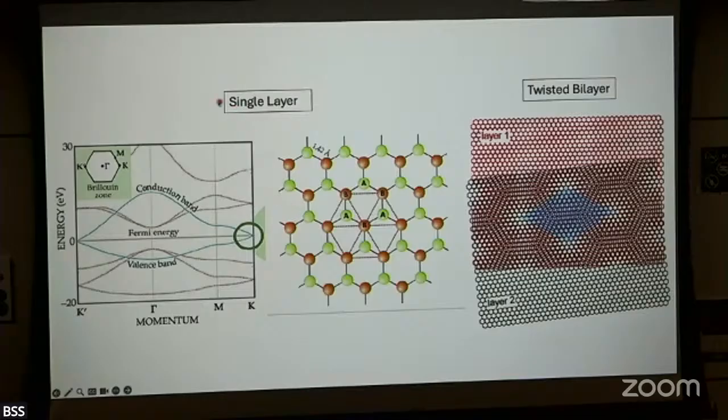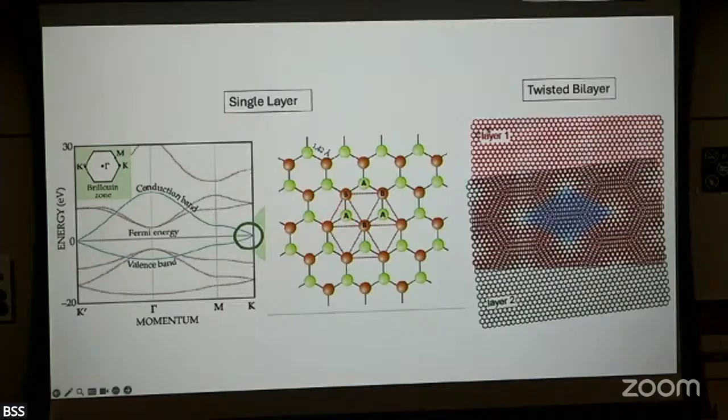So this is a honeycomb lattice. It's not a triangular lattice. There are red or green sites and orange sites, A sites and B sites in each unit cell. And each A site has 3 B near neighbors and vice versa.